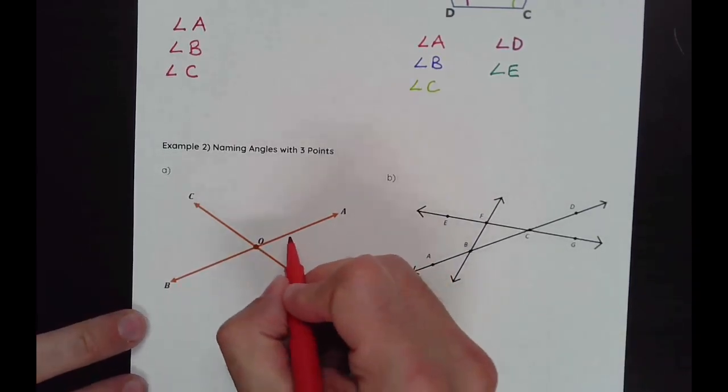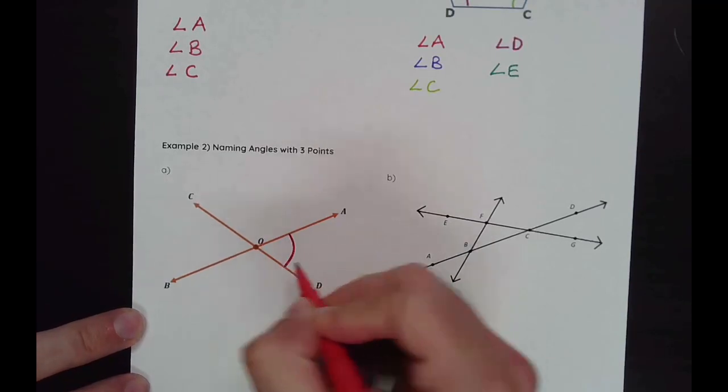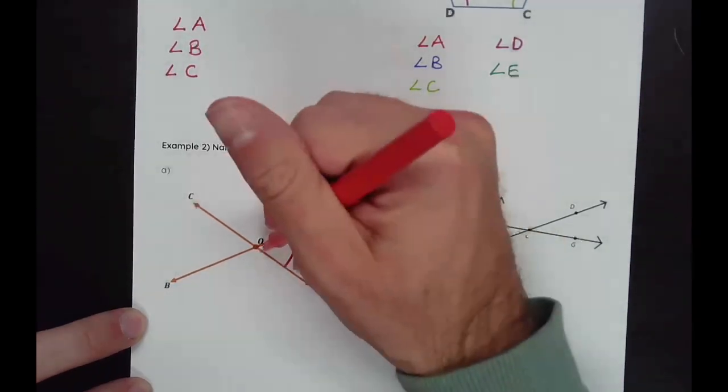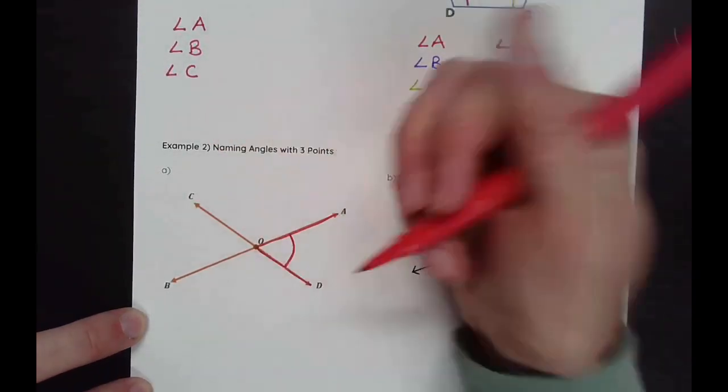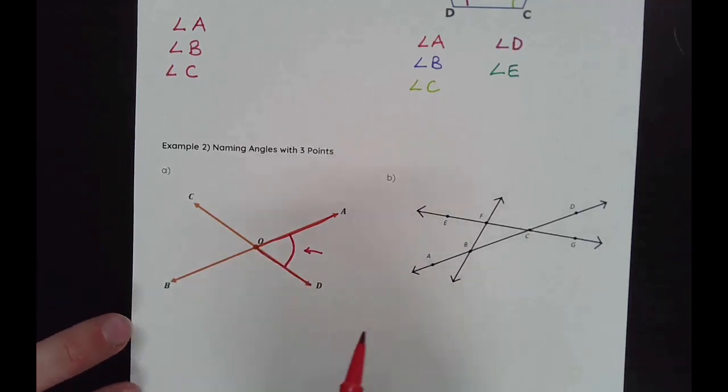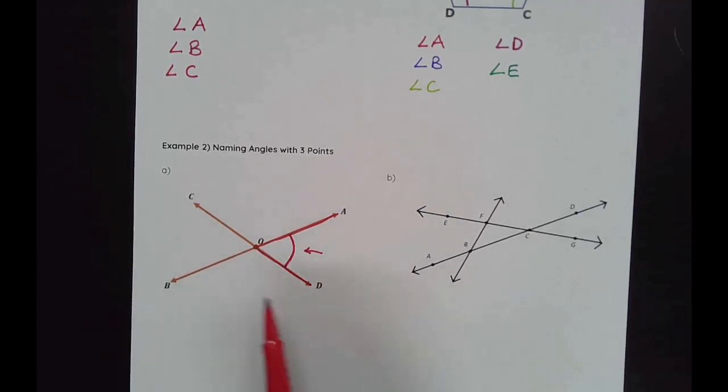I'm going to go with this angle right here, which is formed by this section of these intersecting lines. If I want to name an angle here, it'd be really hard to call this angle O, because I don't know if we're referencing this angle here, the angle above, the angle on the left, or the angle on the bottom. So angle O, just using one variable of the vertex, is not going to be enough.